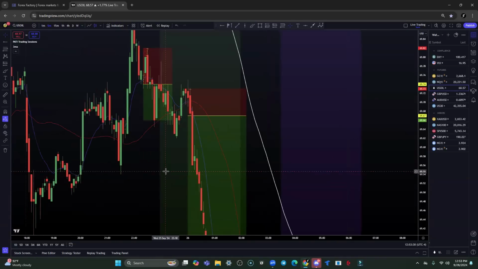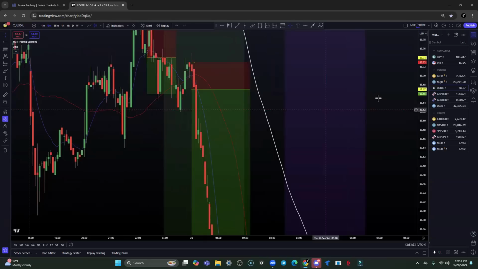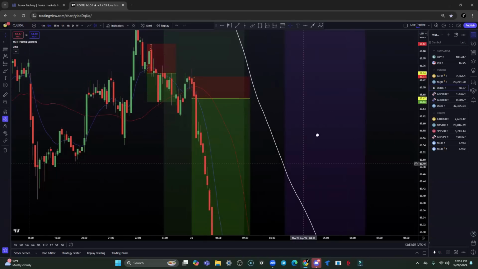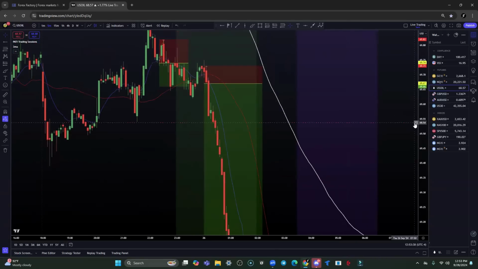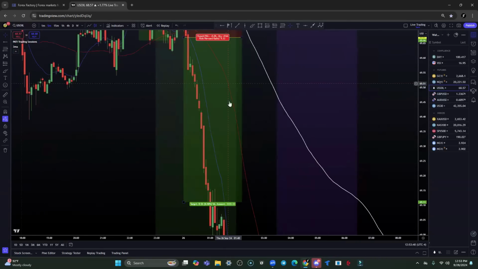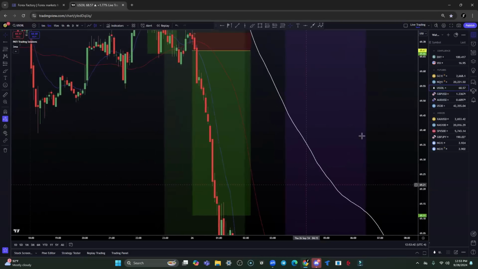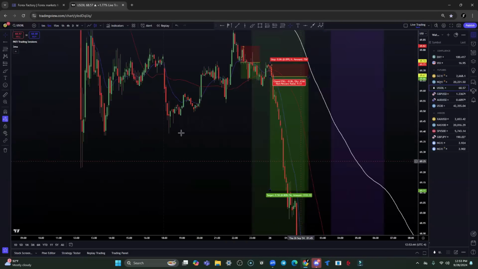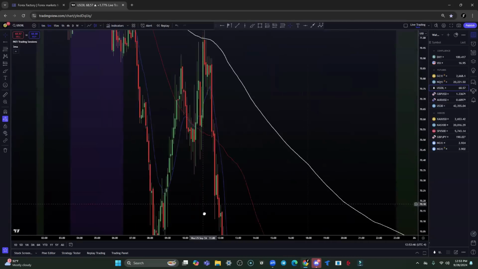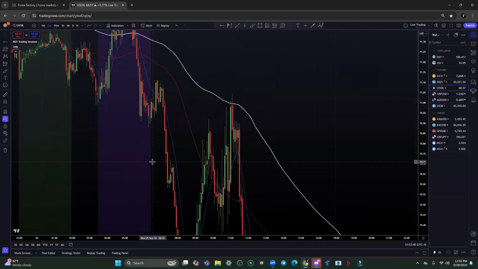So it seemed like when the 50 SMA is in the right spot, you're going to get way better reward on that breakout because it's all aligned. When these are aligned, you're going to get the best breakout for sure. That's why I say the best RRs.